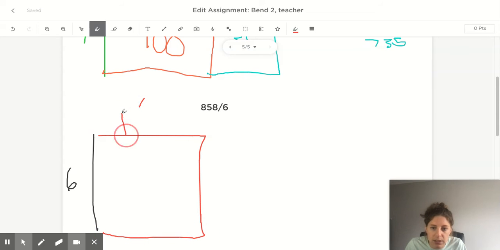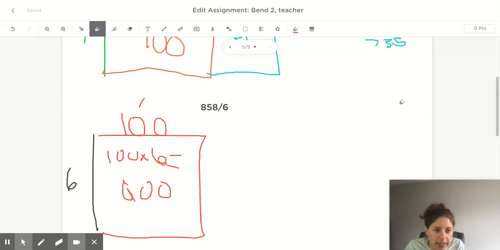So I'll start with 100. 100 times 6 equals 600. Okay. So far I have used 600 and I need to use 858. So I still have a lot to go. I still have, let's see, 858, I still have 258 to go.